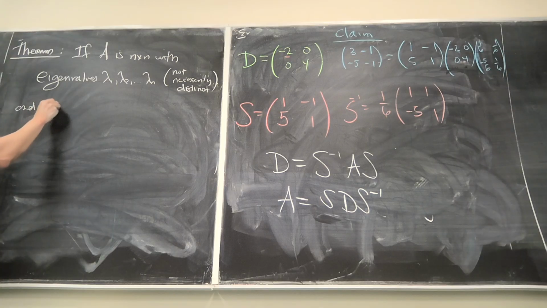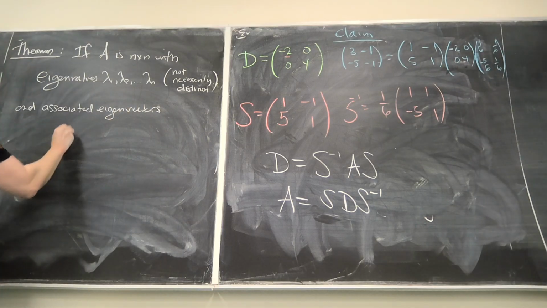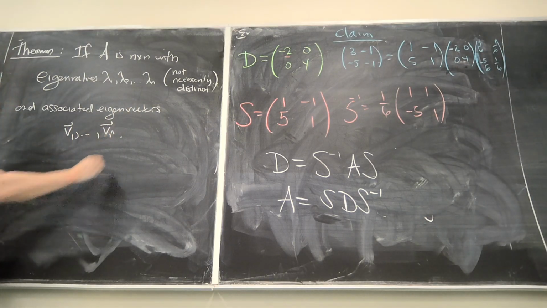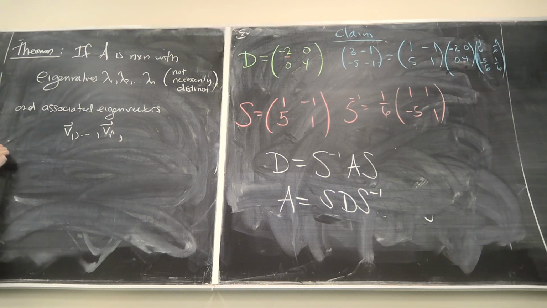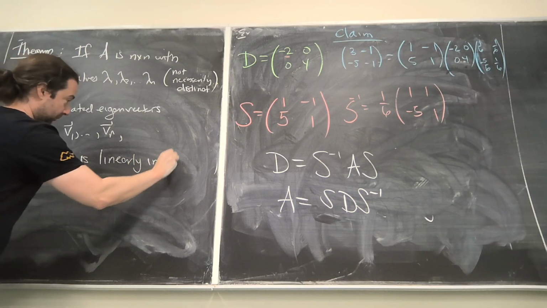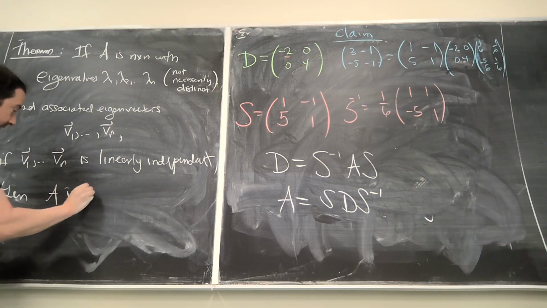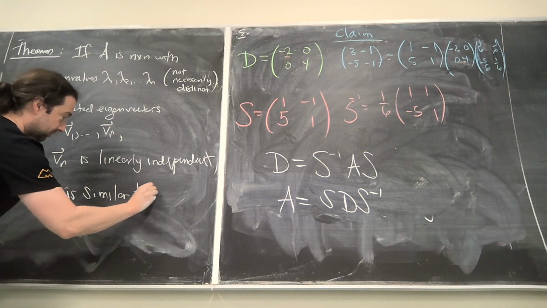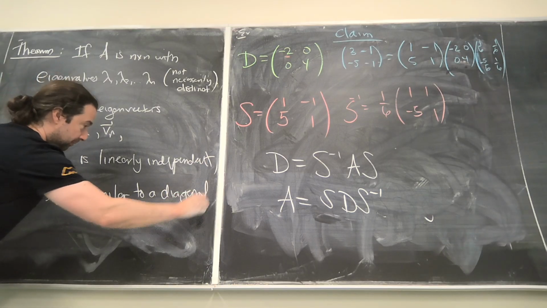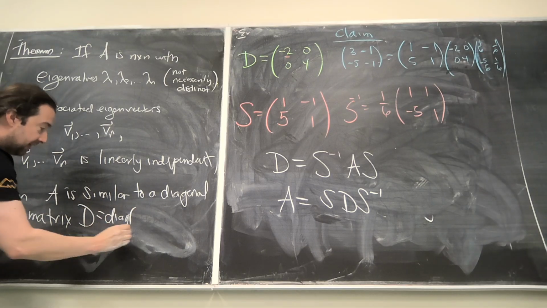And associated eigenvectors v1 through vn, if v1 through vn is a linearly independent set, then A is similar to a diagonal matrix D, which is the diagonal matrix made of the eigenvalues.